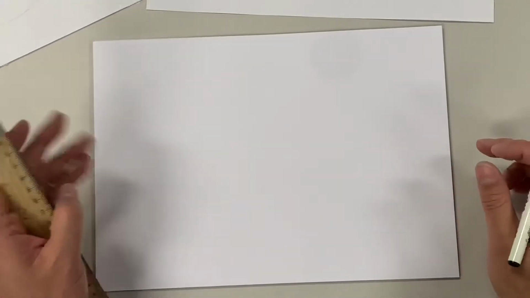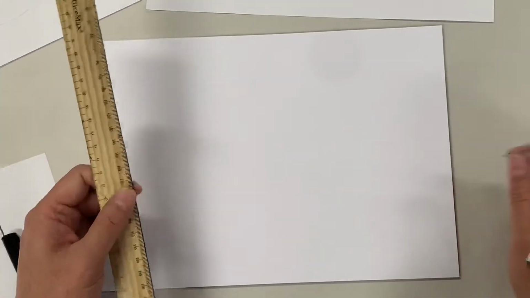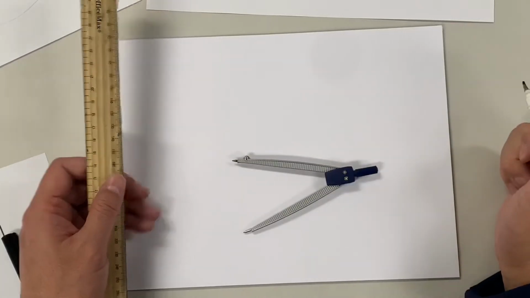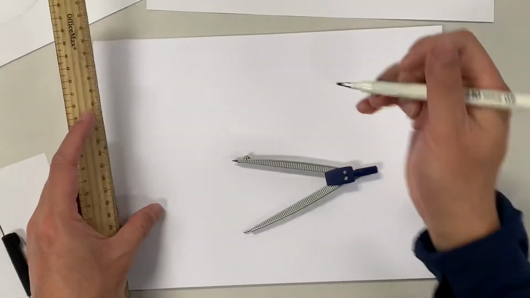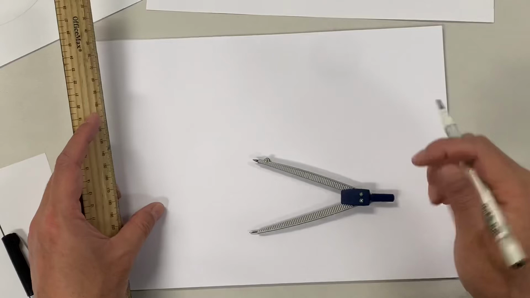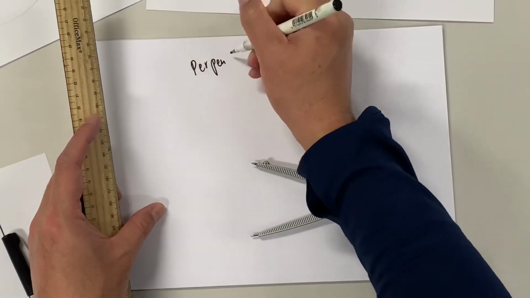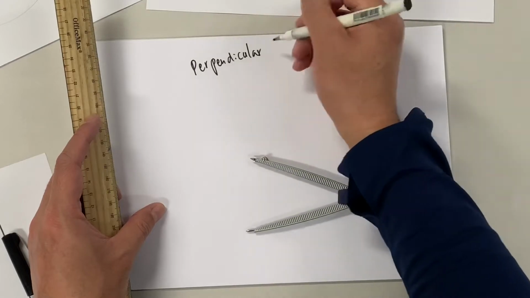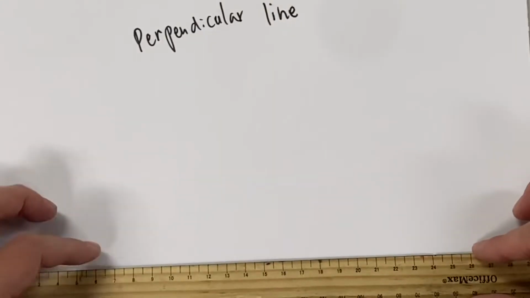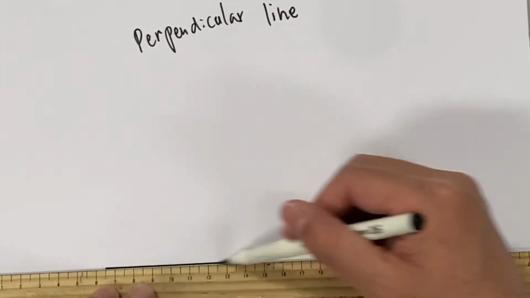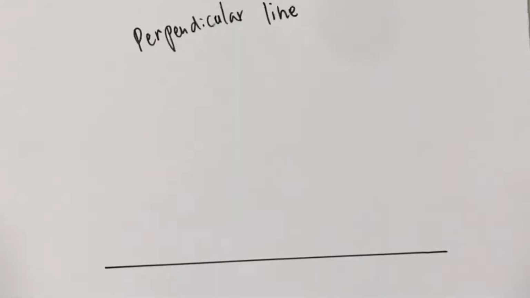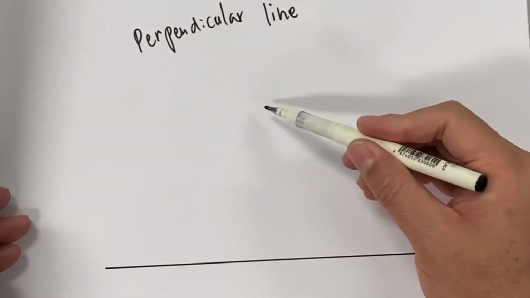Now, I'll quickly show you different things that compass can do. The first thing, we're going to draw a perpendicular line. Let's draw a line, we'll call it a segment. However, I'm going to draw a dot.